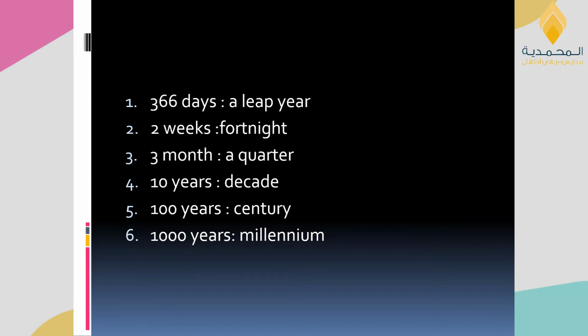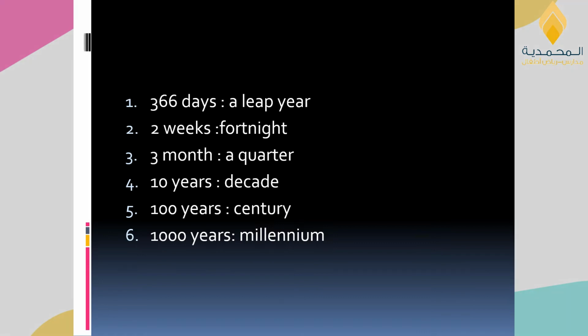A period of 366 days is called a leap year. A period of 2 weeks is called a fortnight. 3 months is called a quarter.